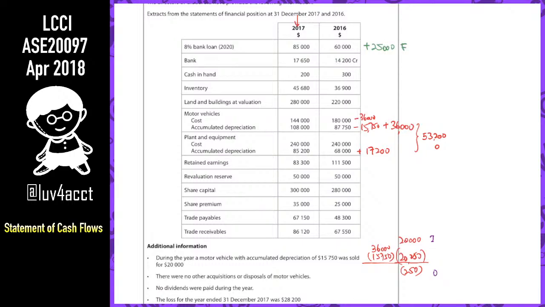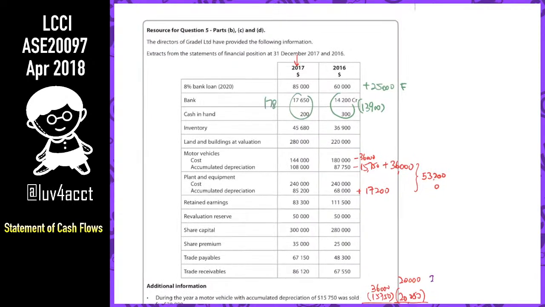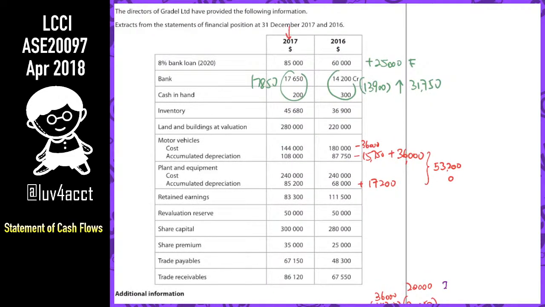And then bank overdraft to positive balance. 13900 negative, 17650, 17850. We have an increase of 31750. Last three items of the statement of cash flows.